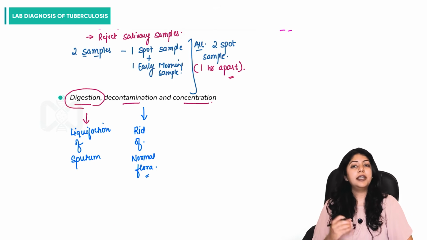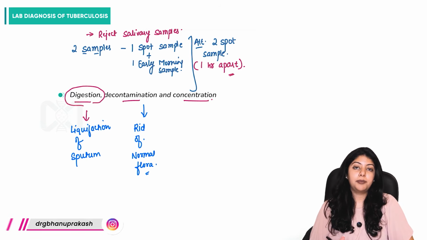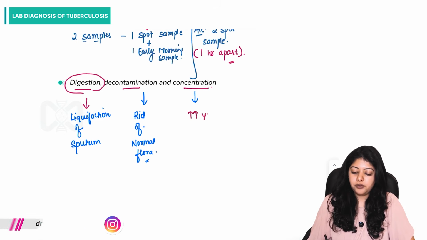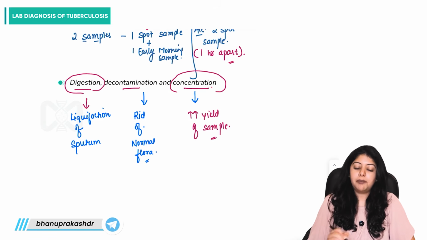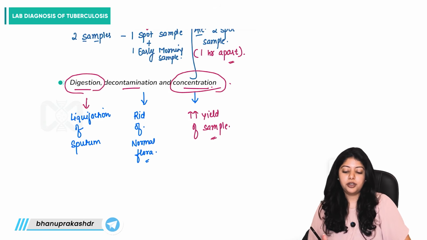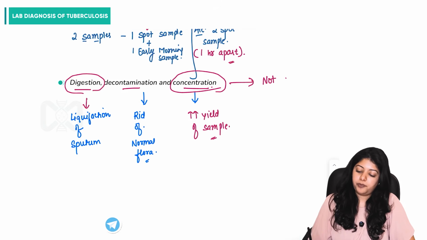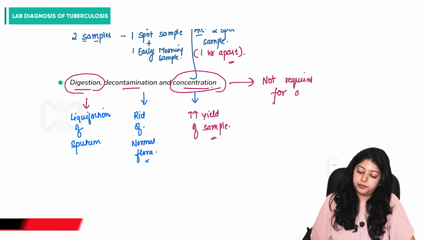We do not want any contamination in that particular sample. Then concentration is in order to increase the yield of the sample. This step of digestion, decontamination and concentration is not required in automated methods.